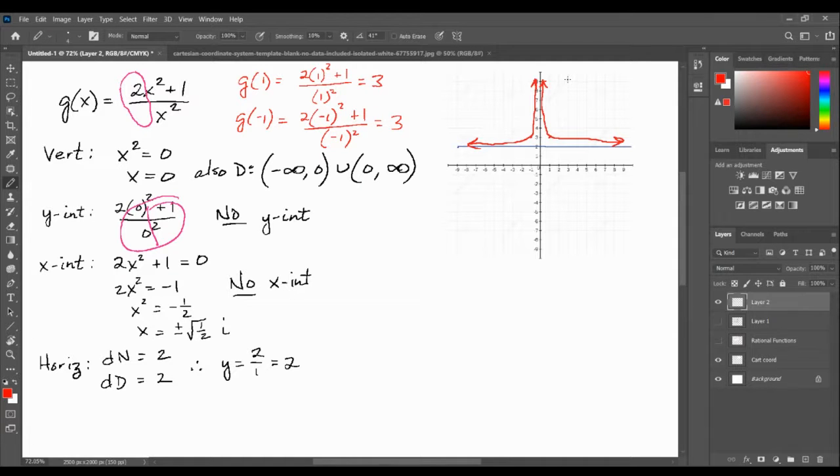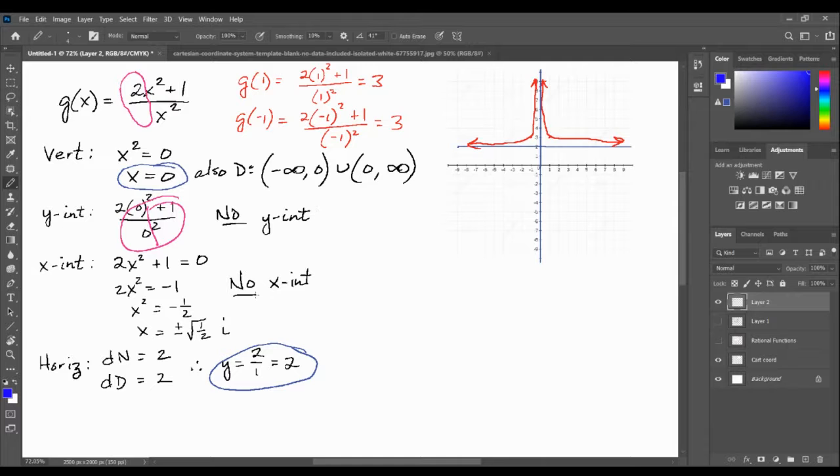We did our tests. We tested for our vertical asymptote. I should have graphed that out. That was at x equals 0, so that was our y-axis. That's our vertical asymptote right here. We had our horizontal asymptote right there.